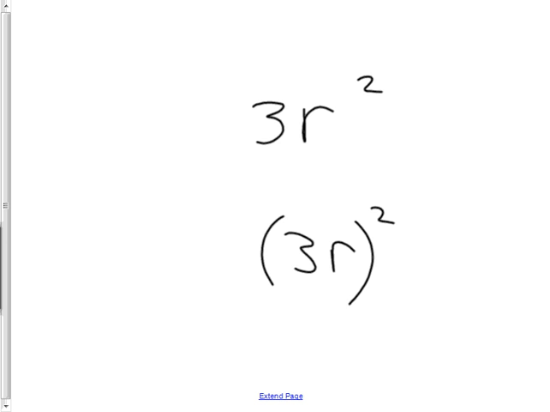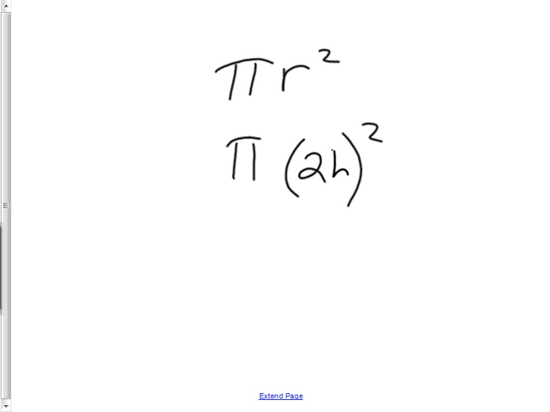Okay, so when we have a variable, like if you have pi r squared, and then I replace that r with something, do you get how I always put parentheses around it? Because if r turns into 2h or something, it needs parentheses around that spot.